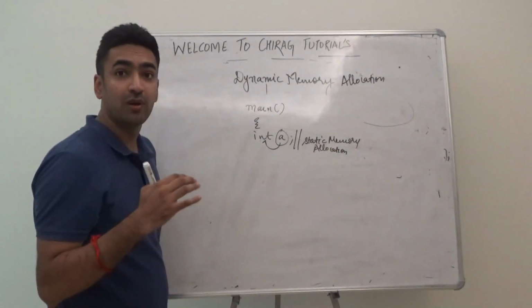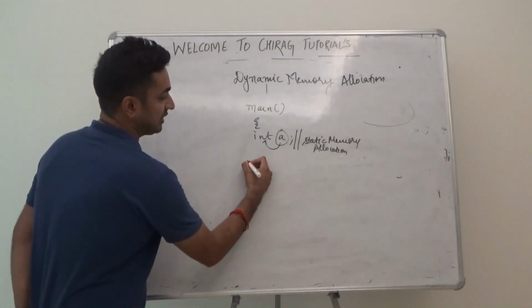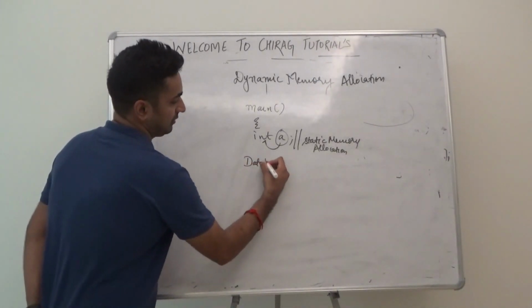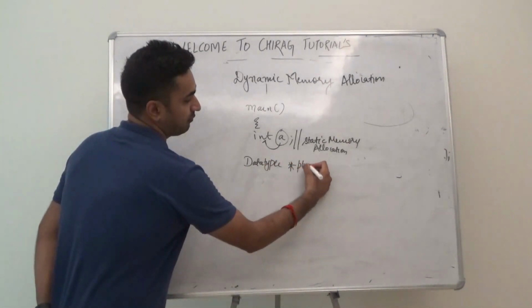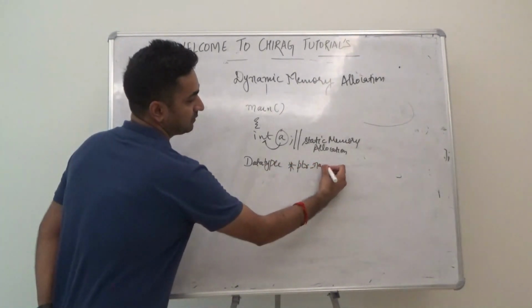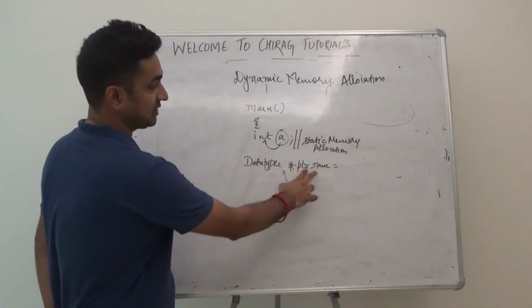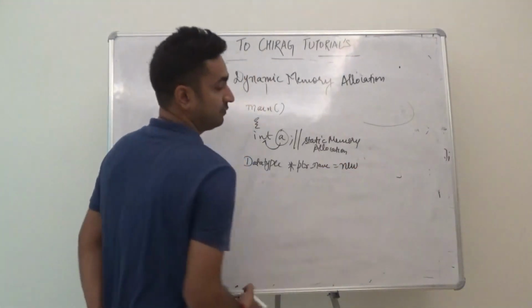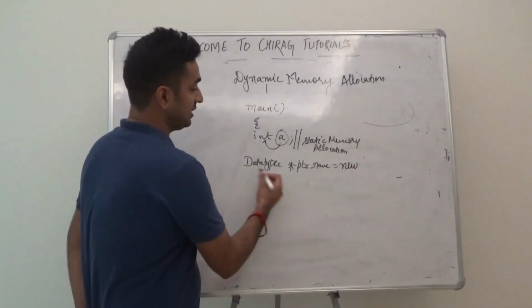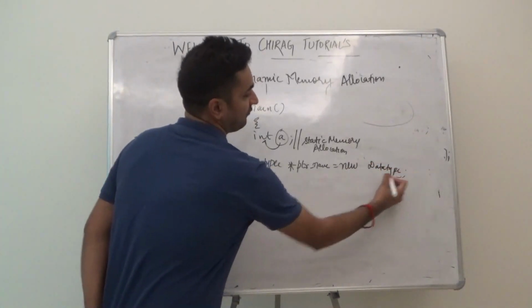And if I want to allocate the memory dynamically using pointers, I will use the syntax: data type star pointer name is equal to new data type, for example int star p is equal to new int.